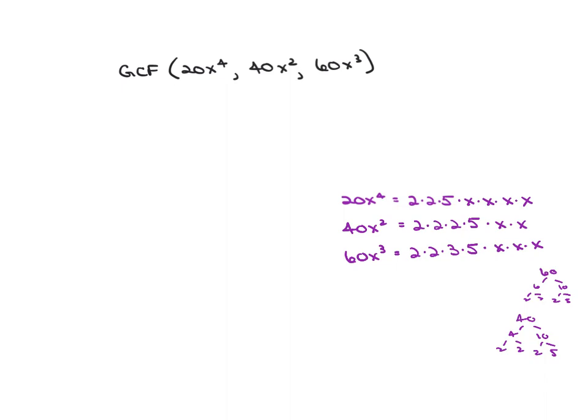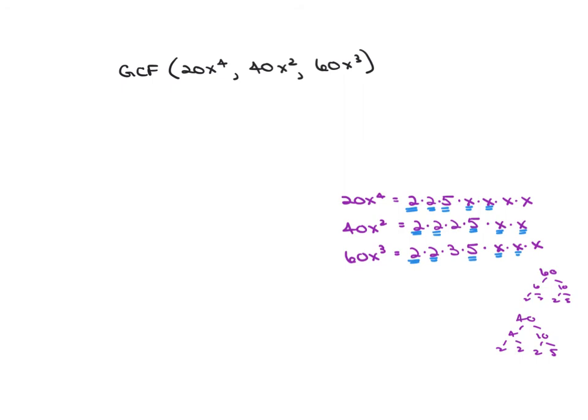Let's find all the factors they have in common. Right off the bat, I see they all share a 2. Okay. They all share a second 2. And they all share a 5. Okay, good. Let's go with the variables. They all share one x, and then they all share a second x.